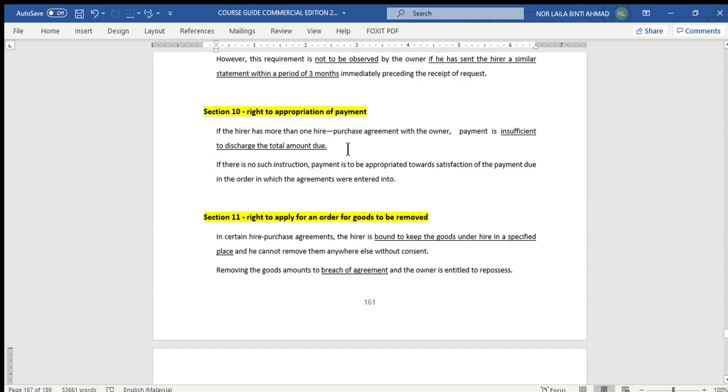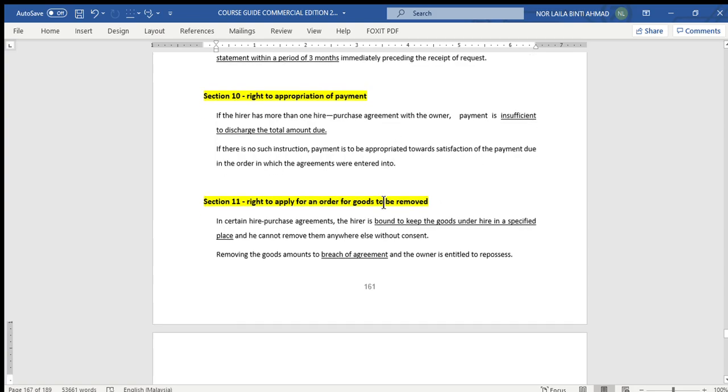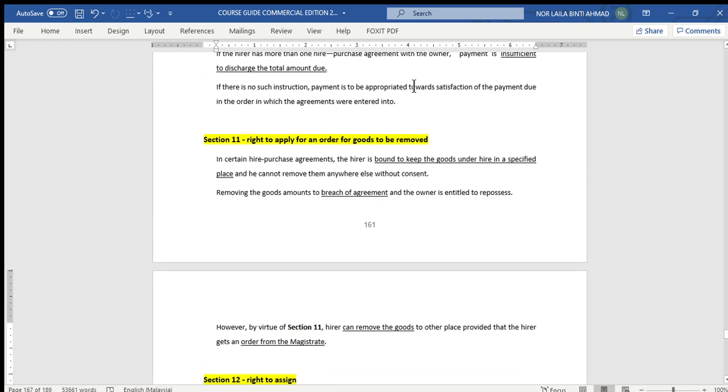Let's say the first agreement is for a TV and the second is for a washing machine. So the hirer akan settlekan payment yang due dahulu, in the order in which the agreements were entered into. Dia tak perlu nak settle sekaligus.